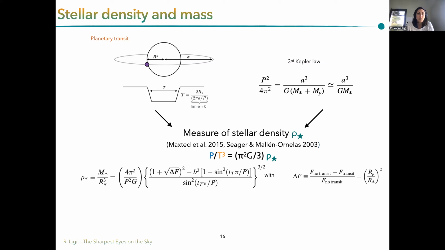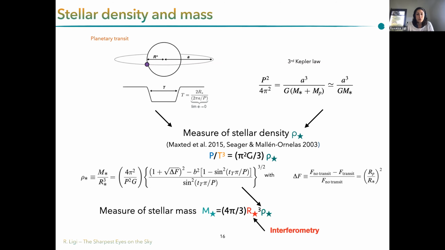You need some parameters of the light curve that you combine with Kepler's third law, and you end up with a stellar density. That was highlighted by Seager and Mallén-Ornelas in 2003. So you need a transit. You cannot apply this to every system, but for those systems, you can have the stellar density.